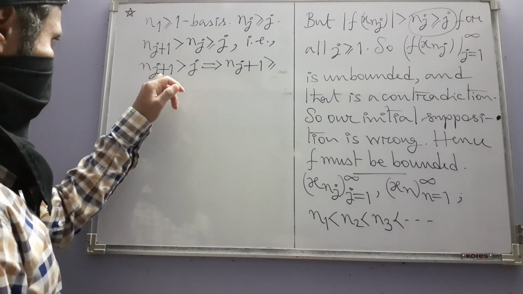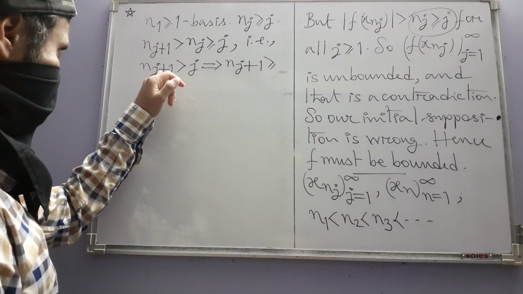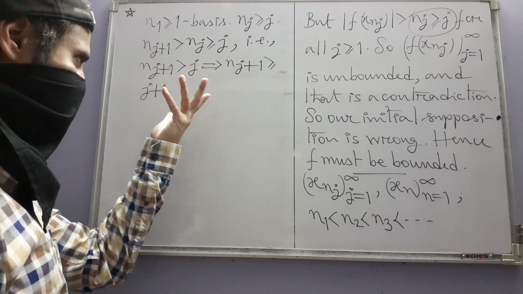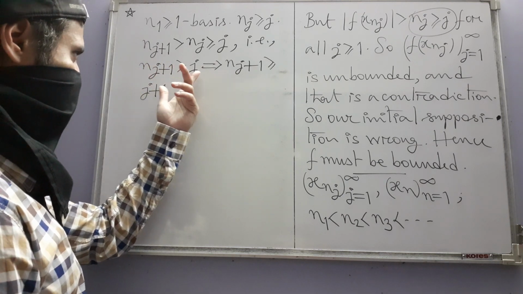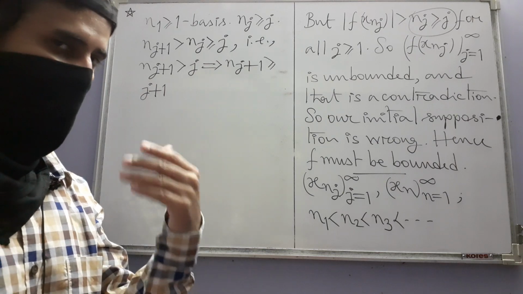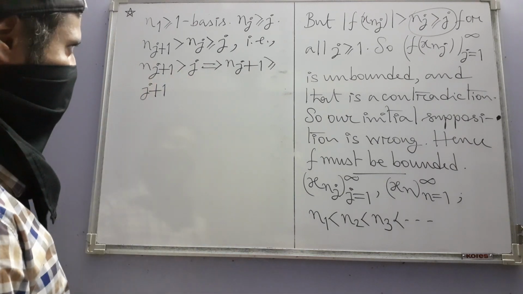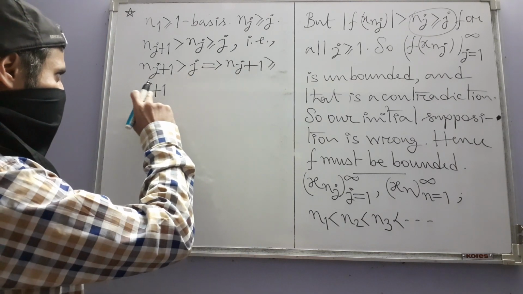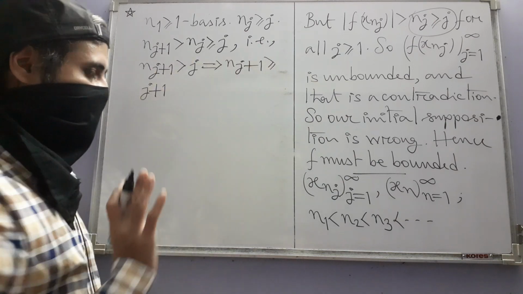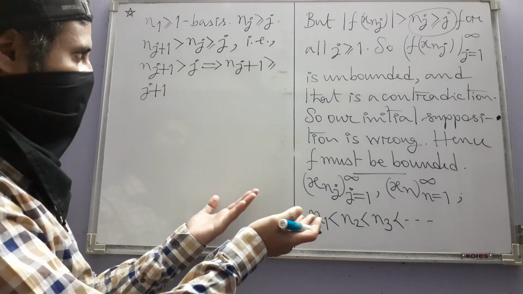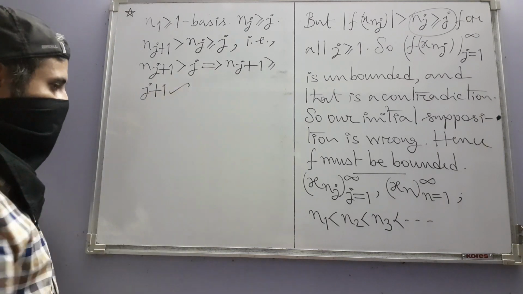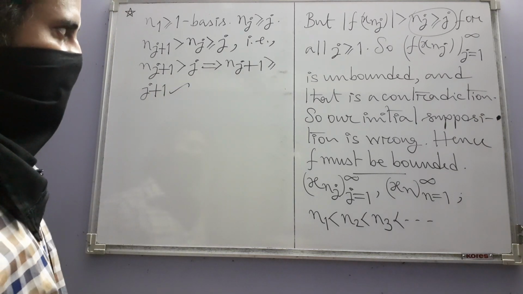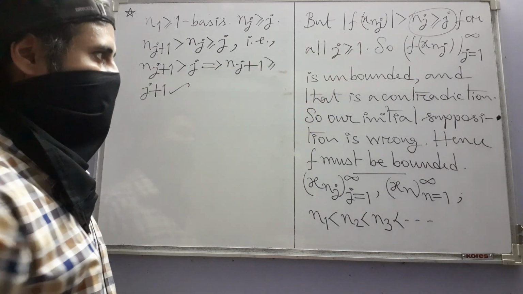In the extreme case, say this is 3 and this is 2. That's the closest j can get, still being smaller than 3. But then 2 plus 1 is 3, so you get equality, but you do not exceed that number. That completes the induction. So that is the explanation for that thing.